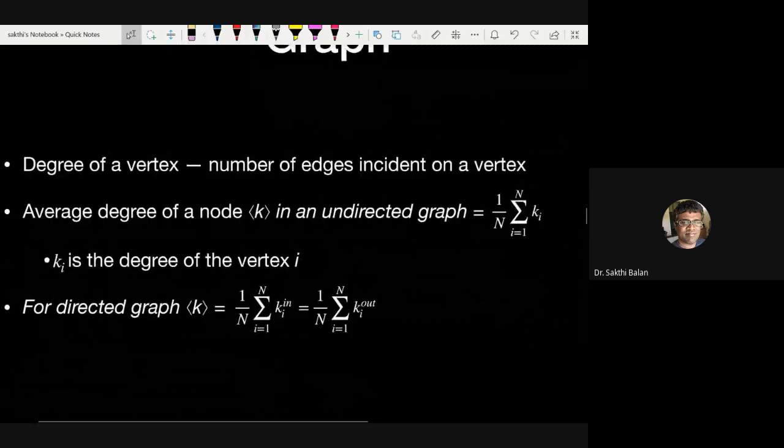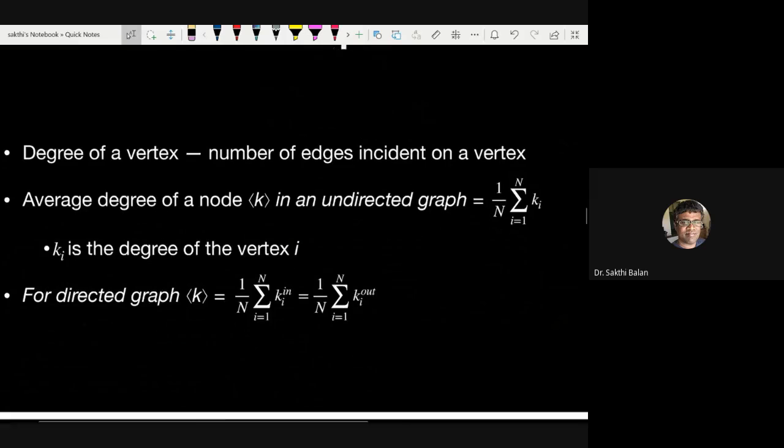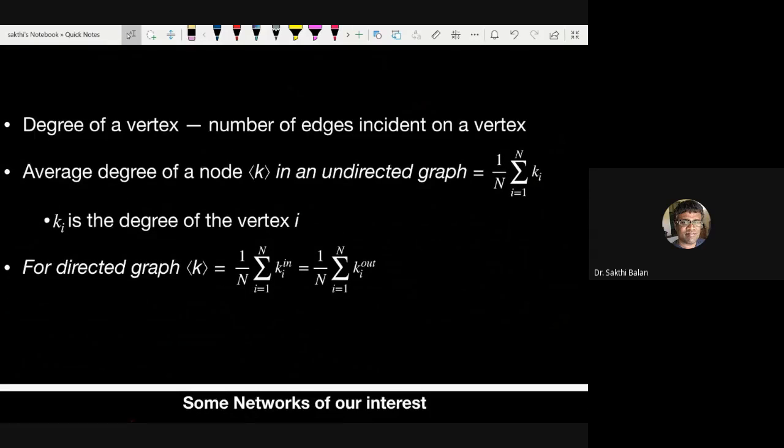Another parameter we can look into when considering a graph is the degree of a vertex, which we have already seen informally. The degree of a vertex is nothing but the number of edges incident on the vertex.